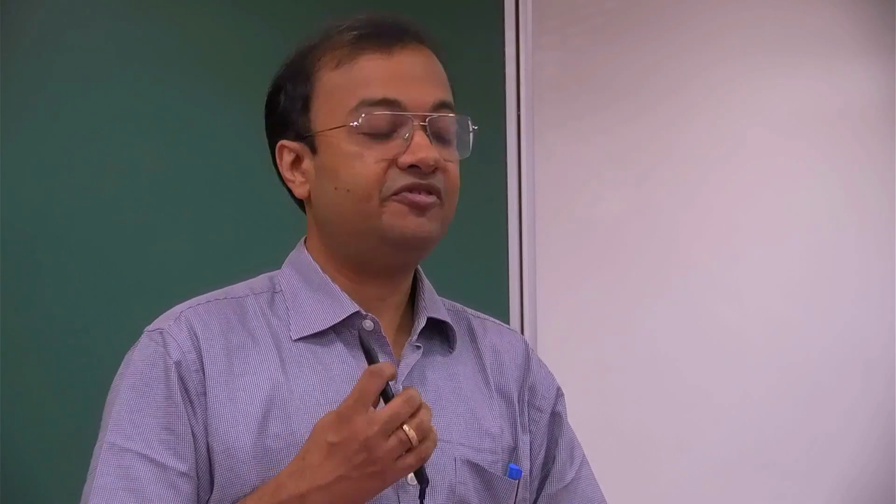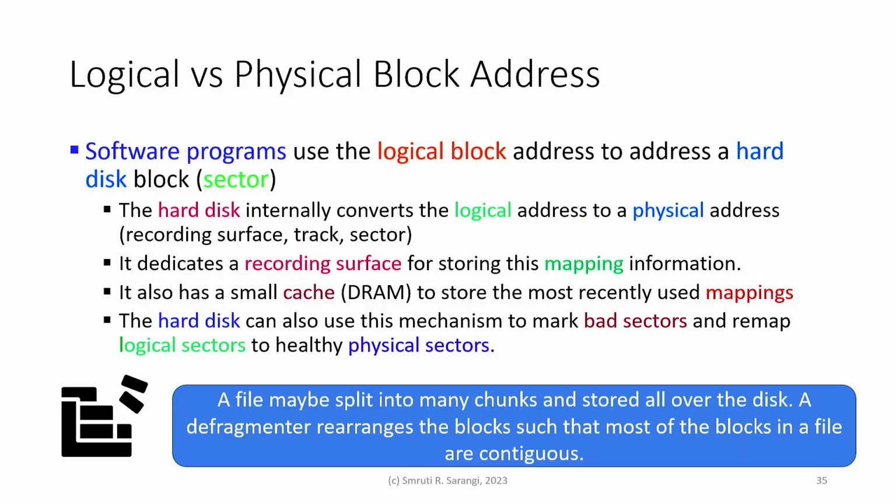You will also have a recording surface which is dedicated for storing mapping information, and all storage devices typically have a DRAM cache to absorb writes and reduce the underlying bandwidth.